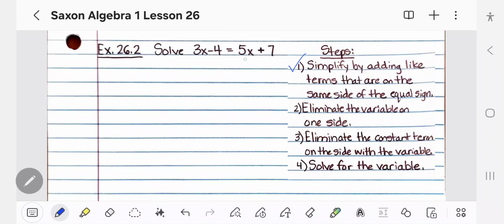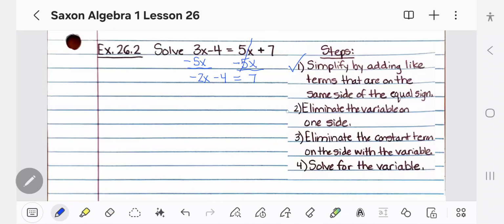Let's say we choose to get rid of the 5x because it doesn't tell us which one we have to do. It just says eliminate the variable on one side. So let's get rid of the 5x. We'll subtract to make it go away because 5x minus 5x is gone. Let's balance it. 3x's minus 5x's would be negative 2x. Bring down the minus 4 equals positive 7.